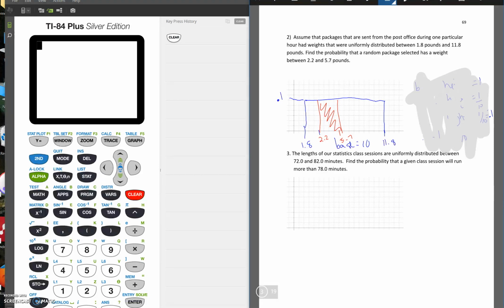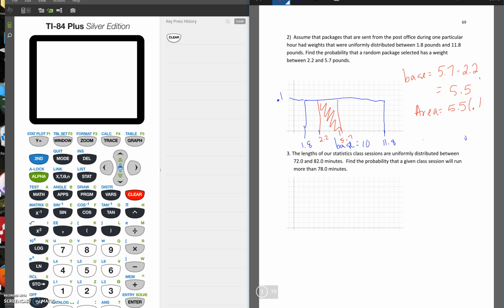So we're going to find the base times the height of that red rectangle. To find the base, you do the higher number, 5.7, minus 2.2. That's going to give us 5.5. So our area, which is the same as our probability, is going to be 5.5 times 0.1.